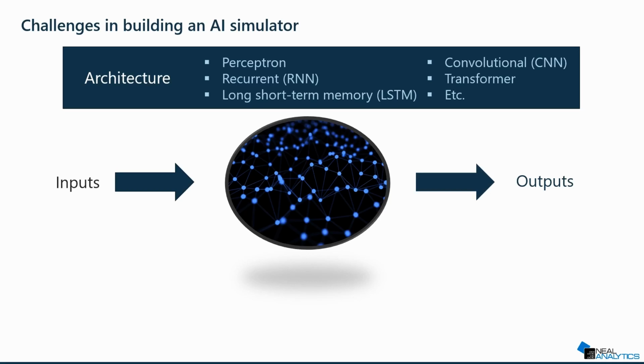Although new tools have been developed to more easily build or select an appropriate architecture for a given problem, very often you will need internal or third-party expertise, such as an integration partner, to help you define the most appropriate architecture for your simulator.